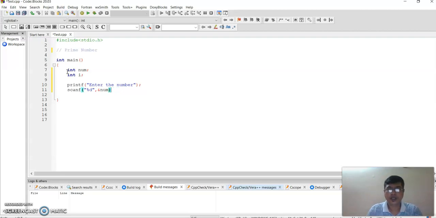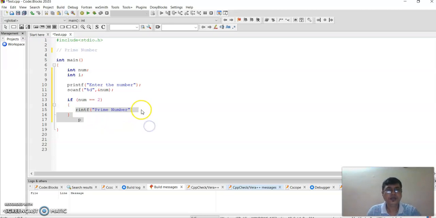If num equal to 2, we write printf prime number, and we exit from the program.